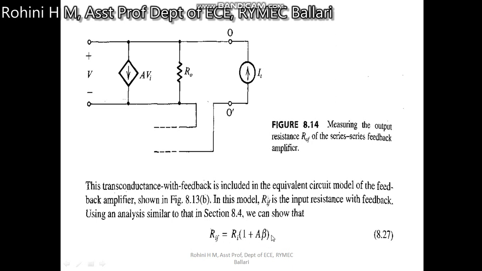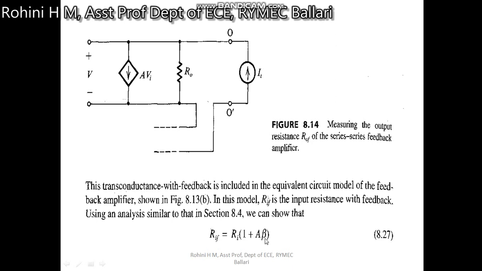So that is high input impedance. We already discussed this in the previous slides. The input impedance is increased, so the factor 1 plus A beta gets multiplied to Ri. So the effective input impedance of this kind of amplifier is increased, Ri into 1 plus A beta.